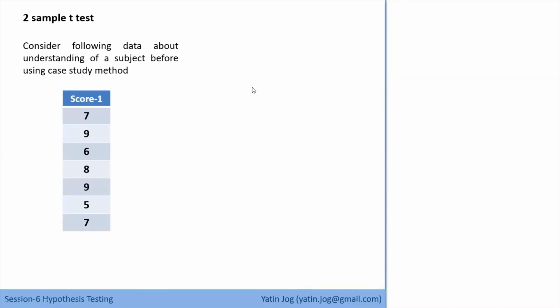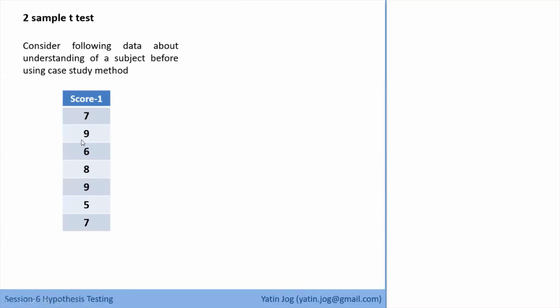So, two sample t-test. Consider the following data about understanding of a subject before using the case study method. I have 7 students in my class, and I'm comparing the performance of my students before implementing the case study method and after implementing it.